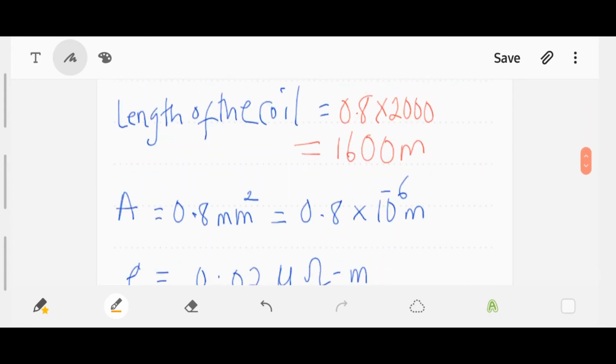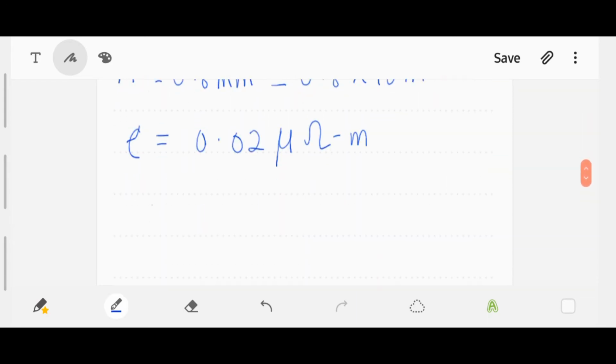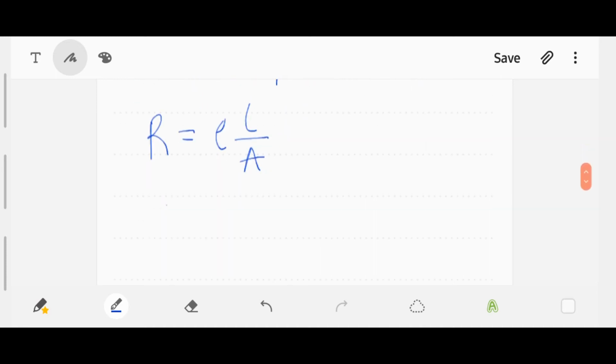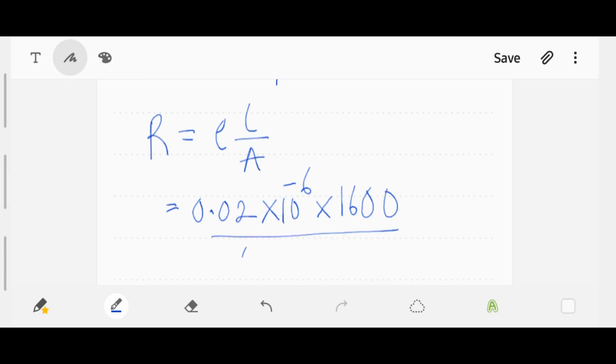So now substituting into the formula, we have R equals rho L all over A, which is now equals to 0.02 times 10 raised to the power minus 6 times our length 1600 all over our area, which we converted to meters, 0.8 times 10 raised to the power of minus 6.